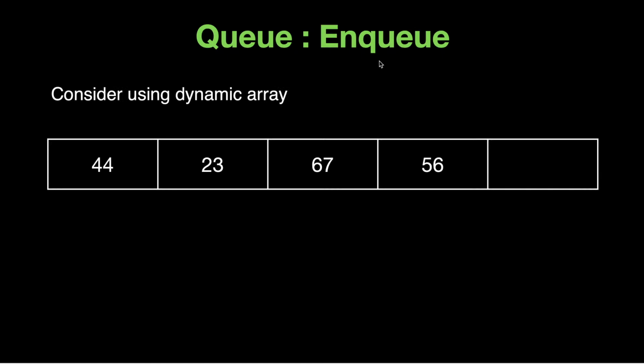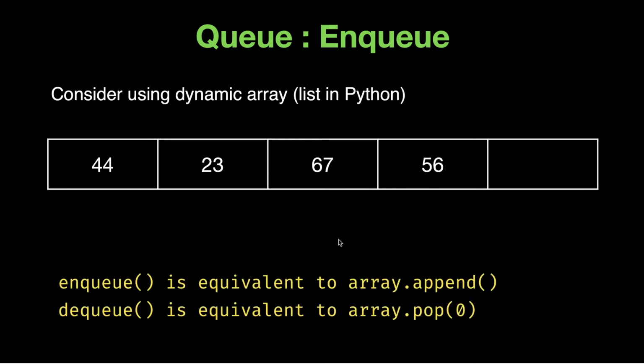So while enqueuing using a dynamic array, suppose we want to enqueue an element. Using a dynamic array in Python, enqueue is equivalent to array.append. Append is available in Python's built-in list, and dequeue is equivalent to array.pop(0), that means popping out the first element.